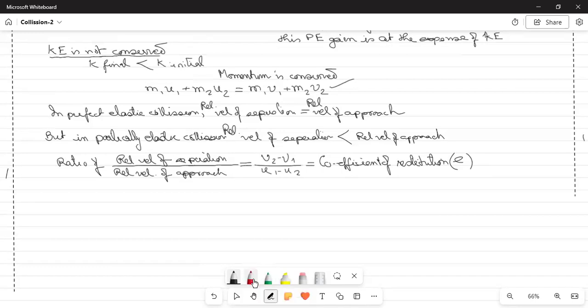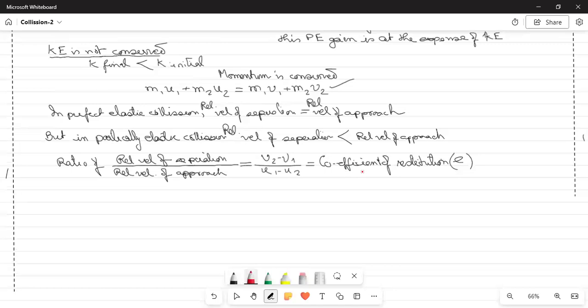And one thing more you need to remember: you have seen in your last class, the direction of V1, V2 depends upon their masses. So in the subtraction V2 minus V1, V2 may be larger or V1 may be larger, you do not know.